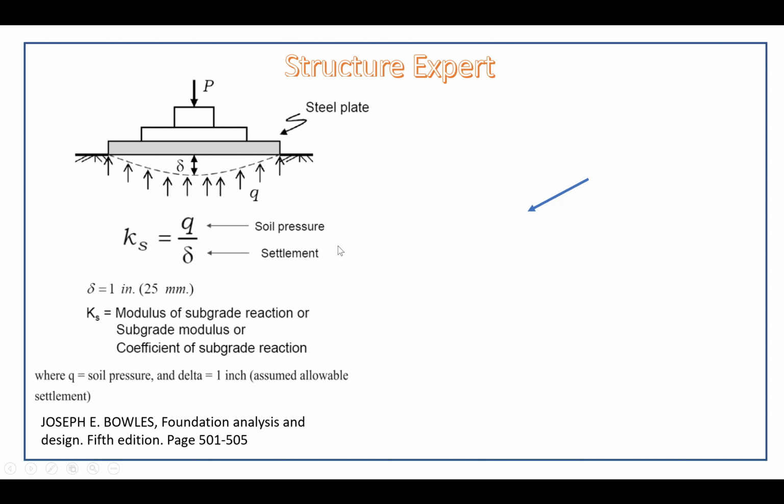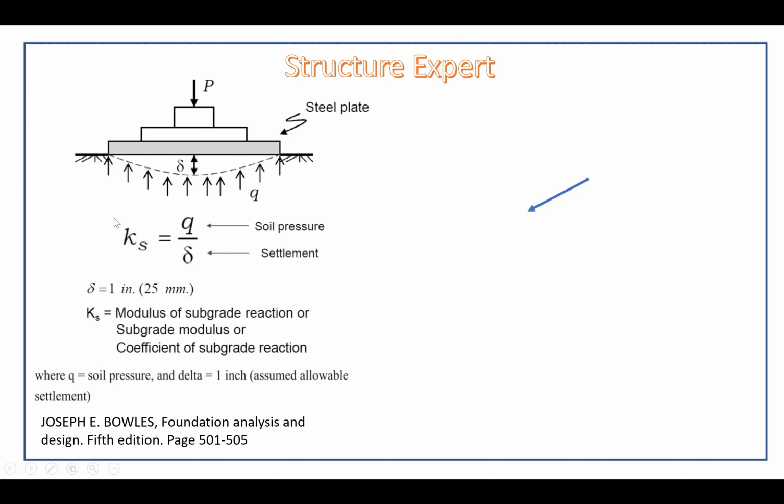According to Terzaghi's experiment, they applied load with a steel plate and got a settlement. You can see here the settlement in cohesive soils, and this one is the steel plate. Generally you can use the formula Ks equal to applied soil pressure divided by settlement.